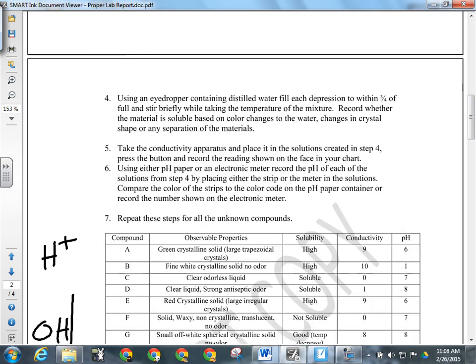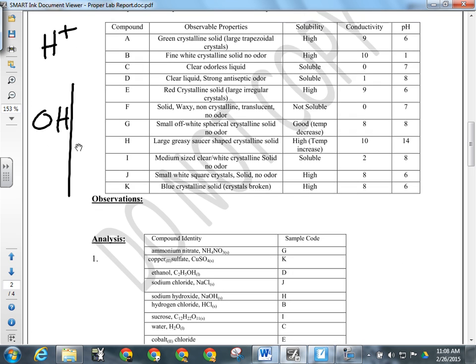Okay? All right. For I, medium-sized, clear, white, crystalline, solid, no odor. Okay, it's crystalline, so it could be ionic. Okay? It's soluble. It could still be ionic then. All right. Is it ionic? Not with a conductivity of 2. Okay? Conductivity of 2 would indicate that this is molecular. So I need to find another molecular solid that is crystalline on my list.